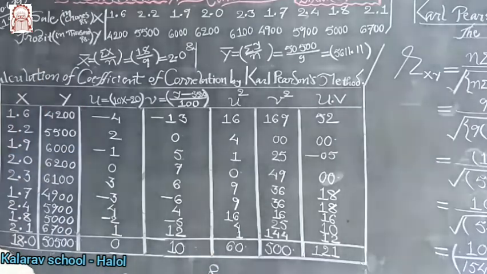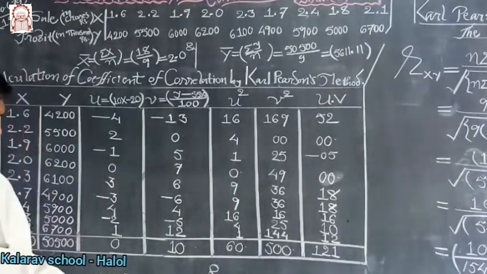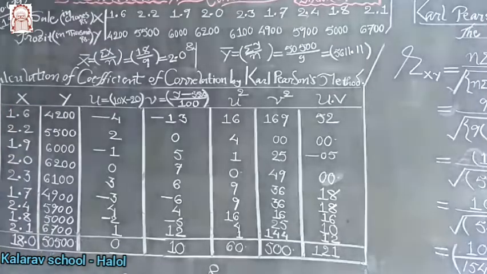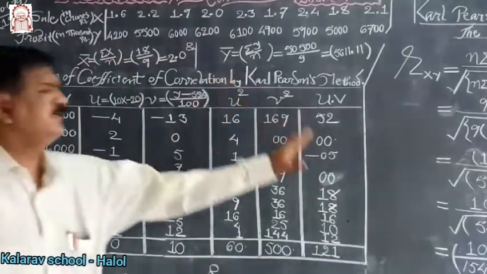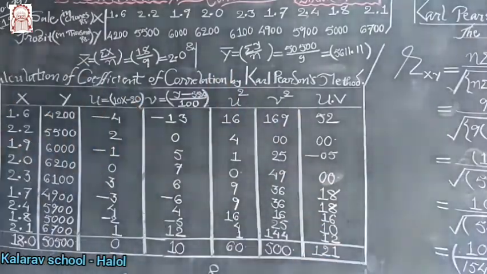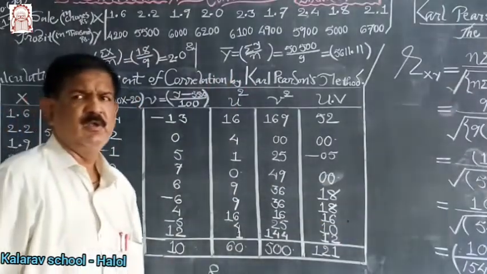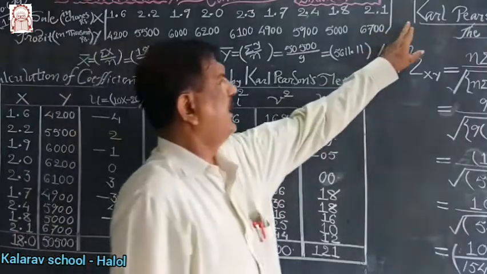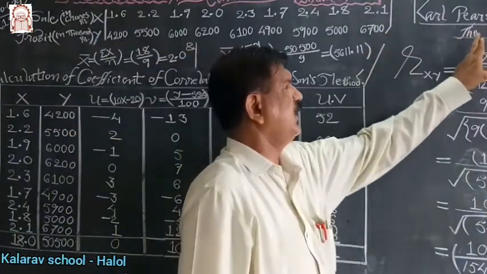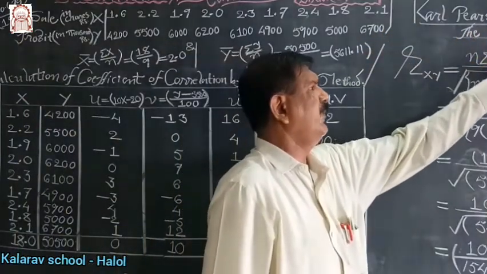Calculation of u and v: 10 times x minus 20, so it becomes an integer value. After completing this table and making the totals, we calculate Karl Pearson's coefficient of correlation by the product moment method.